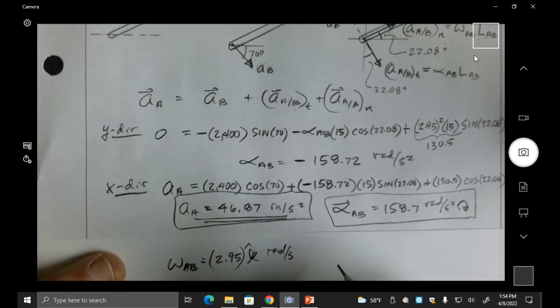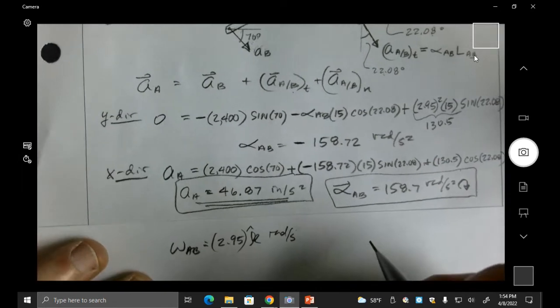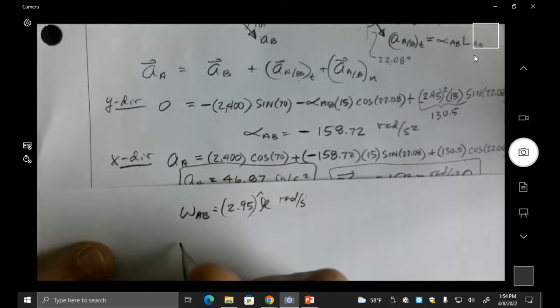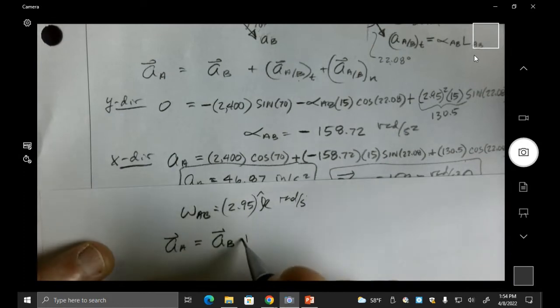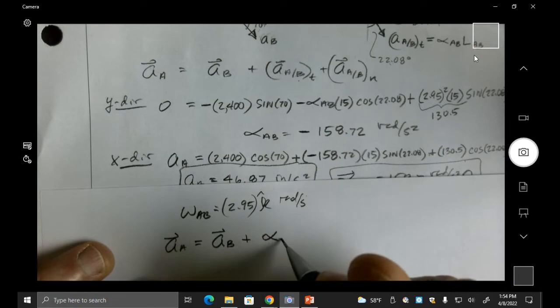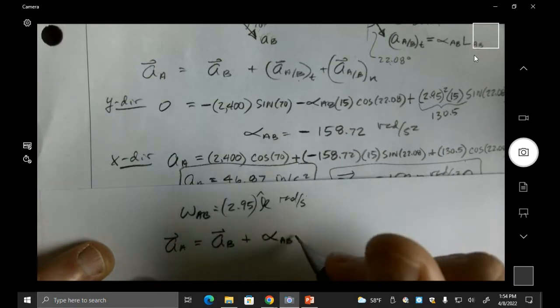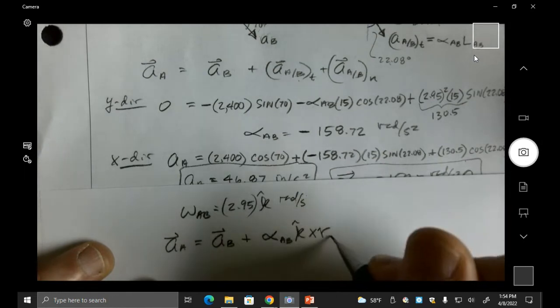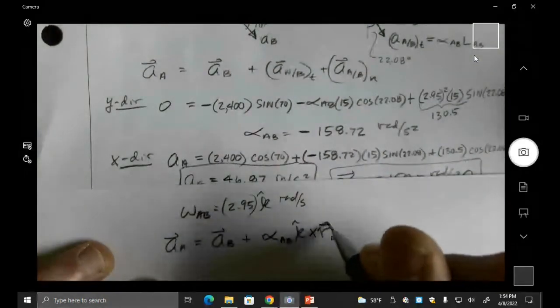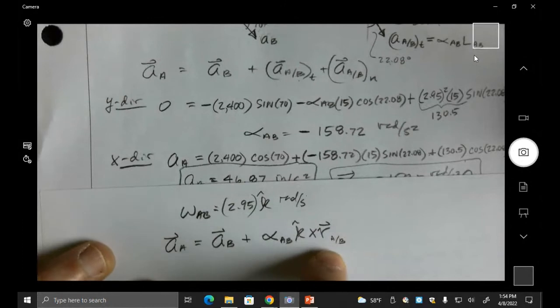Yeah. And what else do I need to know? Well, let's just write down our main equation and double check, because I don't have the answer of this done right here, so I have to actually think as we're writing stuff down. We're taking the acceleration of B plus alpha AB k crossed with r A with respect to B. I've seen people get this backwards, B with respect to A.